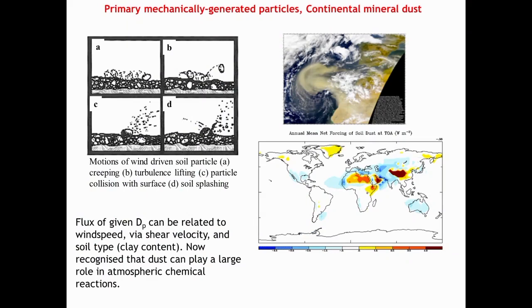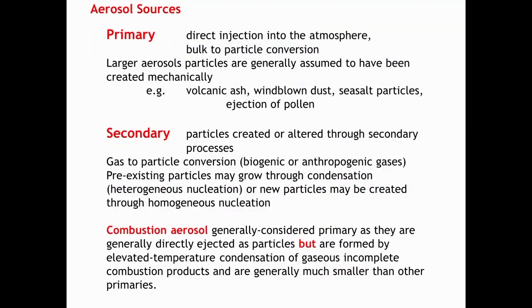So combustion particles, you normally call them primary because you normally measure them after the tailpipe or after the exhaust pipe or after the chimney stack where they're emitted. If you actually measure them in the combustion chamber, they can be gases and then they condense to form particles.